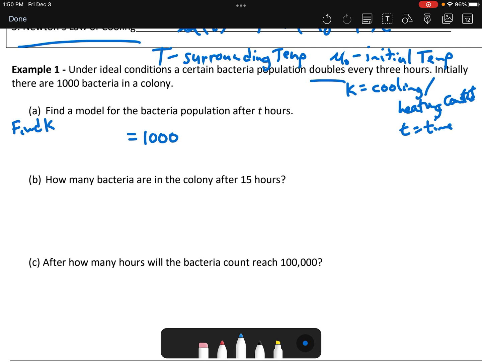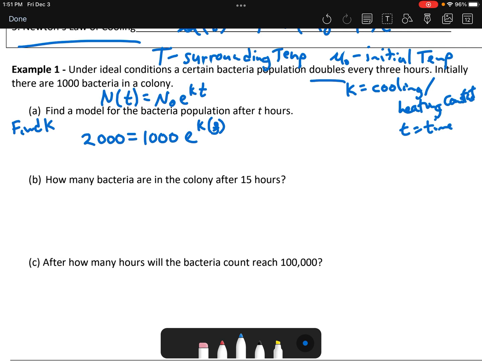We started with 1,000, but it doubles every 3 hours, so we'll have 2,000 after 3 hours. I'm just using the formula with e to the kt. The initial amount's 1,000, we have 2,000 after 3 hours, and we have to find k. This is where it's important we know how to use our calculator and algebra.